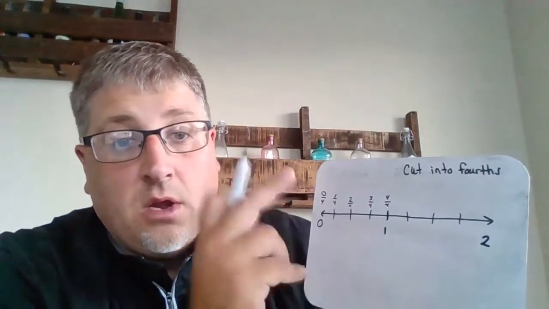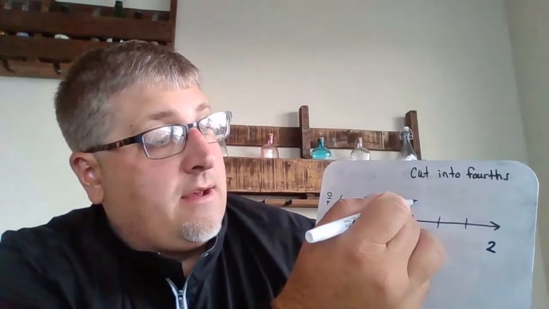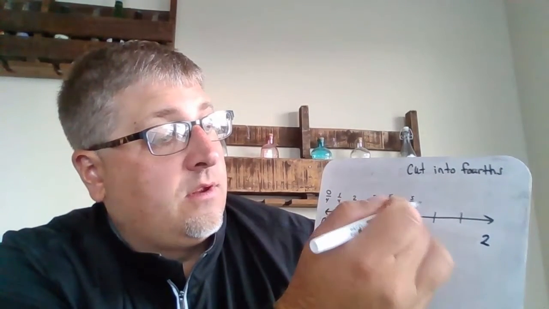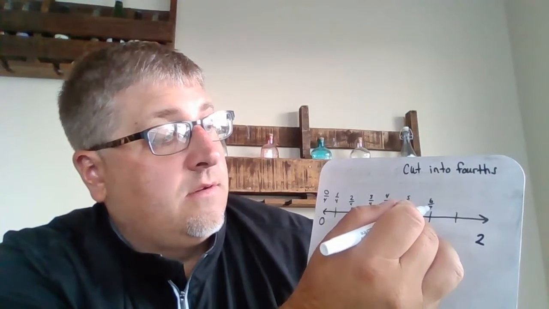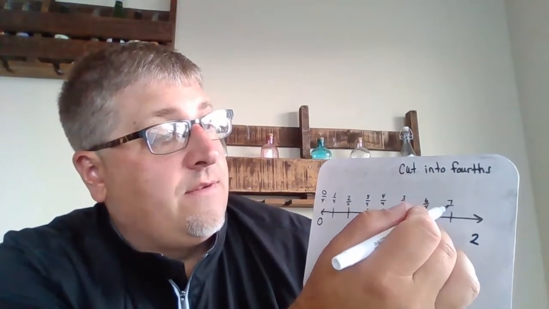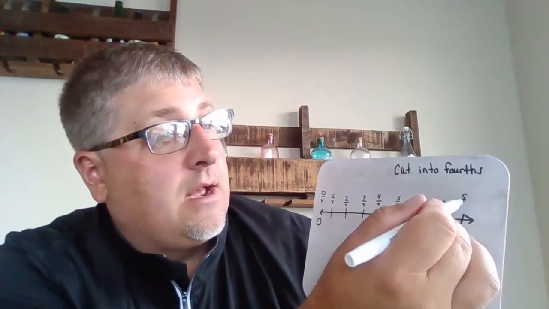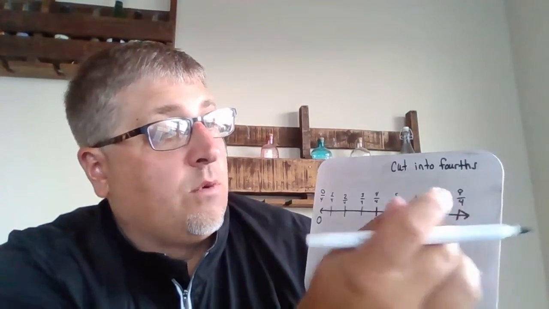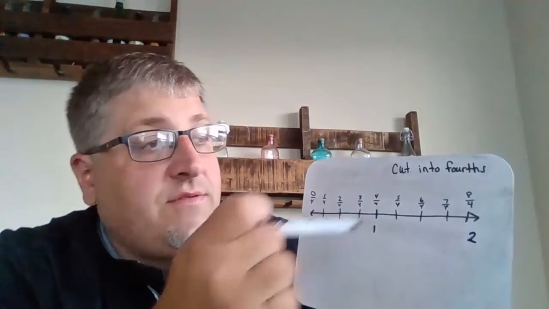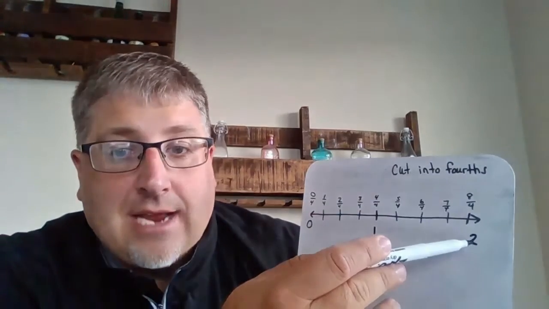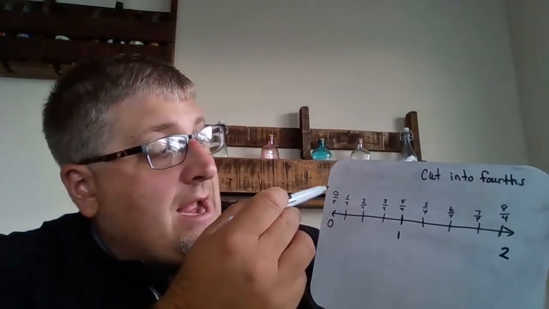That's our second equivalent. We're going to keep going here. We have 5 fourths, 6 fourths, 7 fourths, and then right here we get my line. I have 8 fourths. Okay, and if I was to divide that 8 by 4, you guessed it, I would get 2.